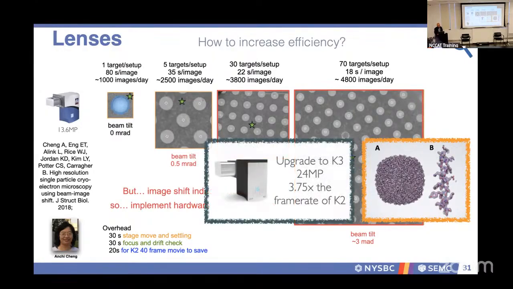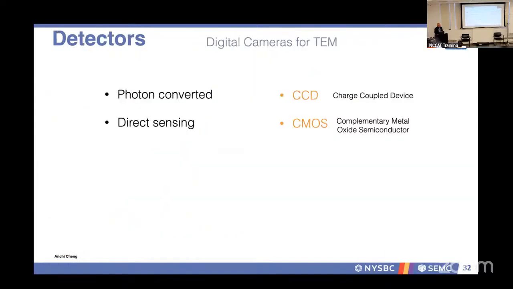Some of the cameras have higher frame rates, and what that really means is that our systems are collecting more and more data. If we collect on the order of 10,000 images a day, and we have shorter exposures because our cameras are collecting faster, then we have quite a bit of data, on the order of several terabytes. So that leads us to talking about detectors.